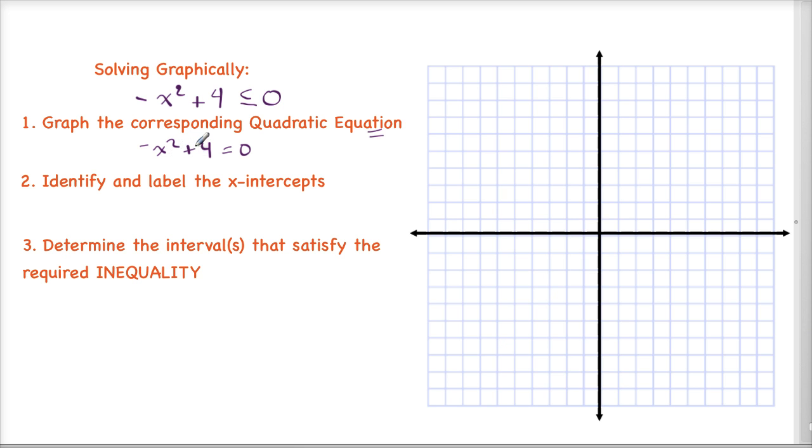And there's no h, so it doesn't shift left or right, but there's a plus 4, so it shifts up. So it opens down and shifts up 4 units. I picked 4 because conveniently, if I put my vertex at plus 4, when I draw this parabola that's opening down, it will intersect right here and here at a couple of nice numbers. And so now when I draw my parabola in, that looks like this.